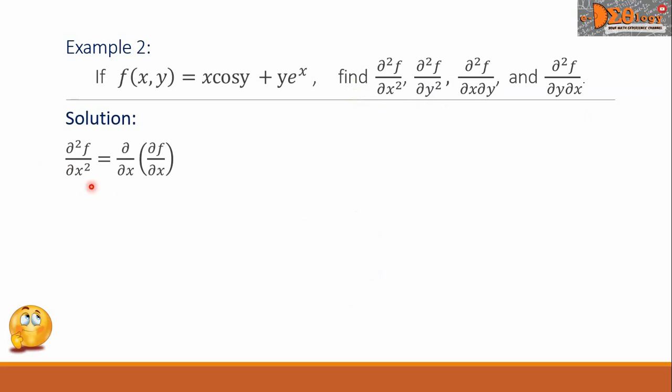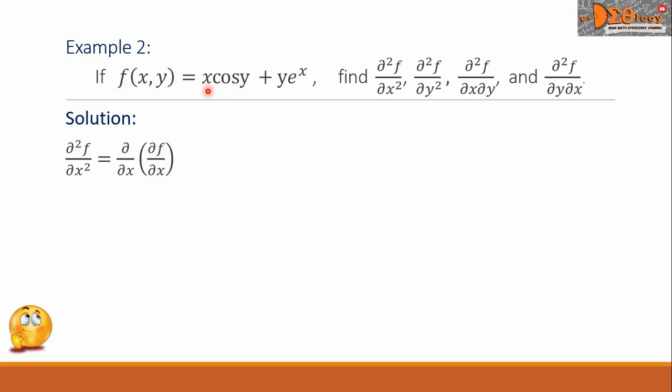We can show that this is partial derivative with respect to x of the partial derivative of f with respect to x. Let us simplify the derivative inside the grouping symbol. We will take the partial derivative of f with respect to x.